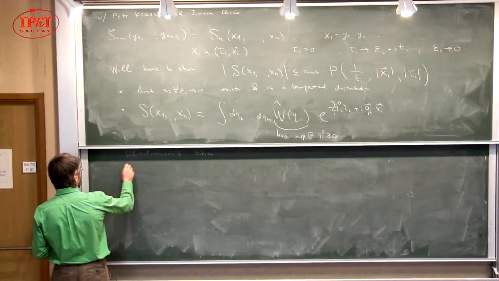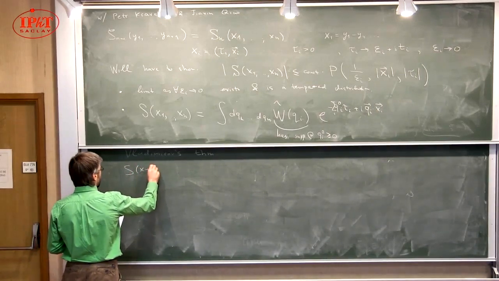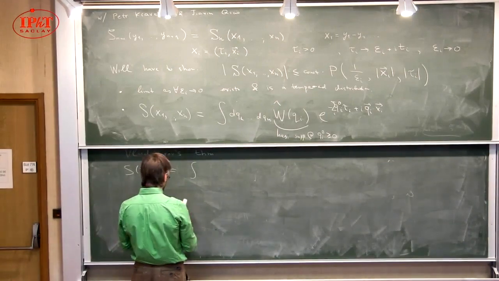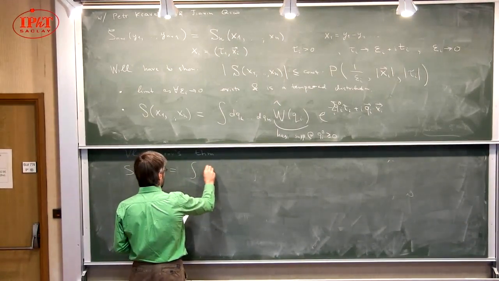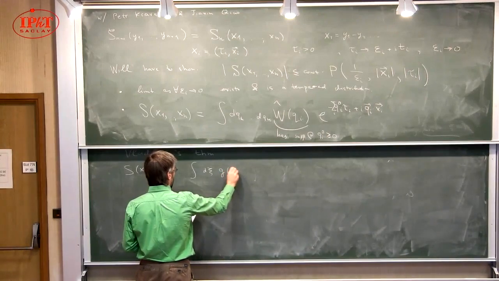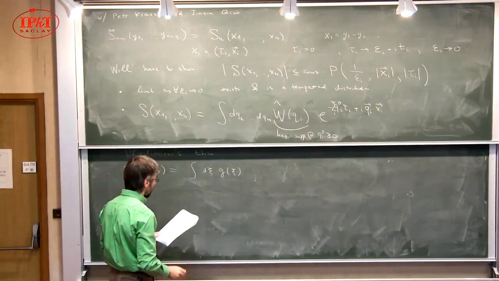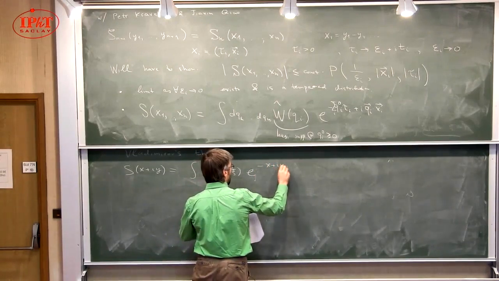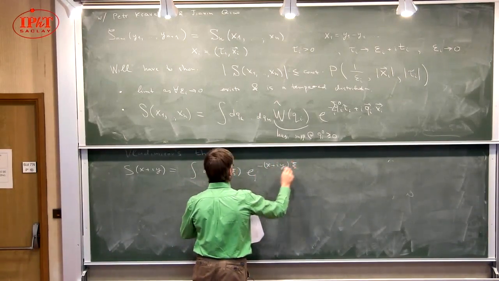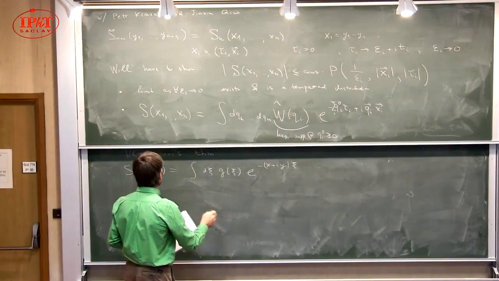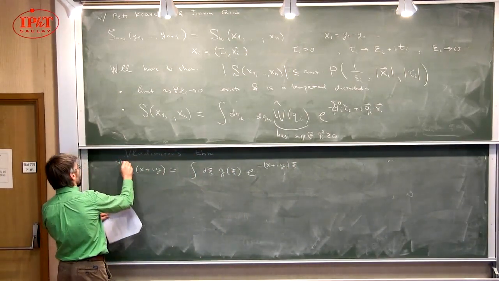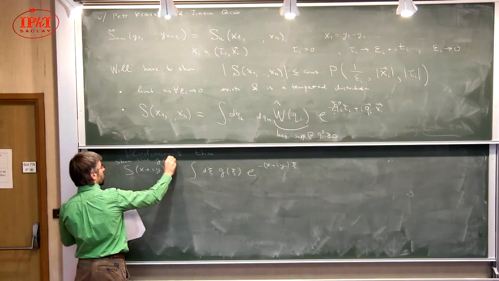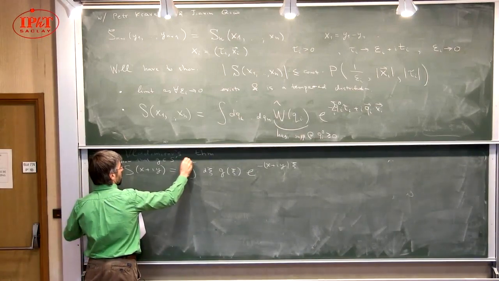So I would like to write s of x plus iy as an integral over d xi of some function g of xi. Well, not function, it's going to be a distribution, e to the minus x plus iy xi. So I would like to show that there exists a tempered distribution g such that this formula is true.